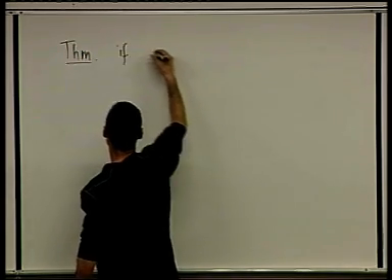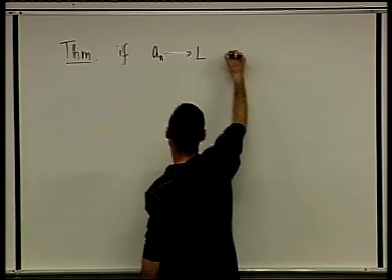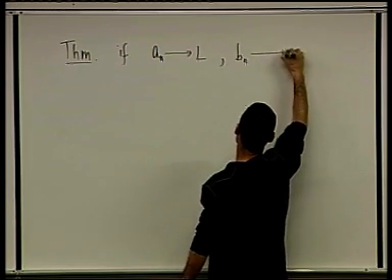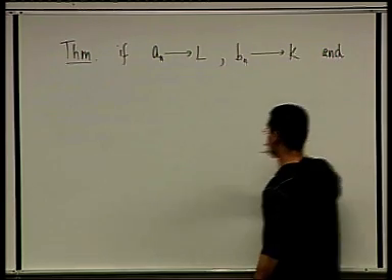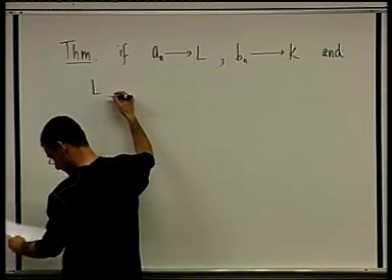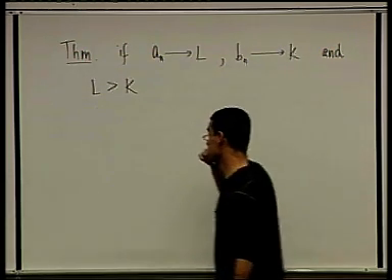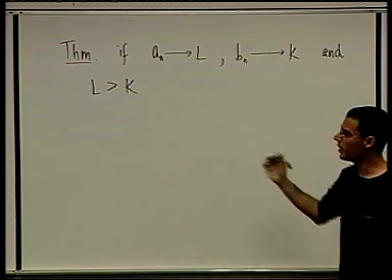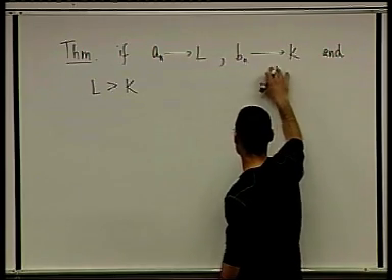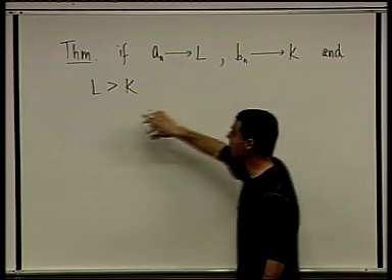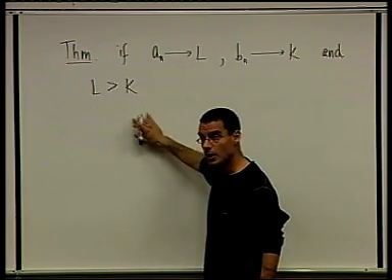If a_n converges to L, b_n converges to K, and L is greater than K. Okay, so this is kind of a different direction of those theorems. So now I'm assuming that both sequences converge, and I assume that I know how the limits relate. So L is greater than K. What can I say?